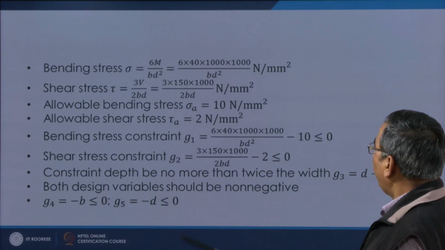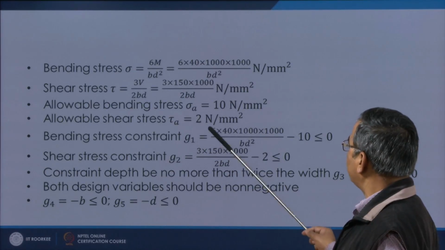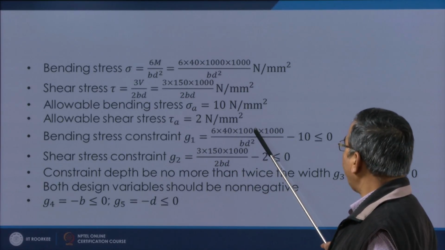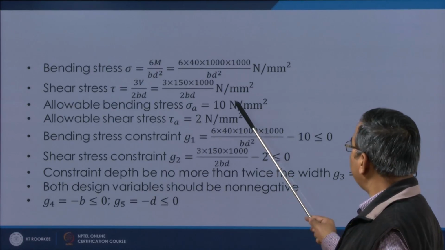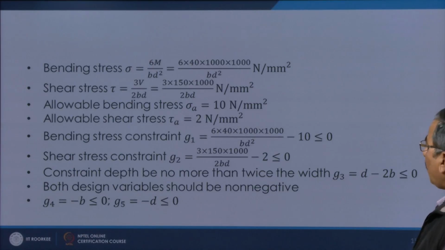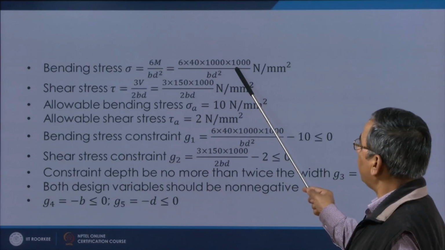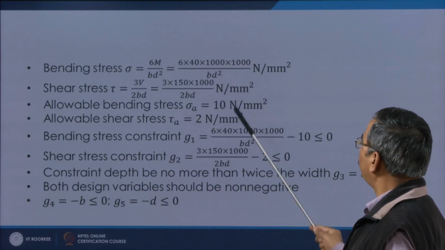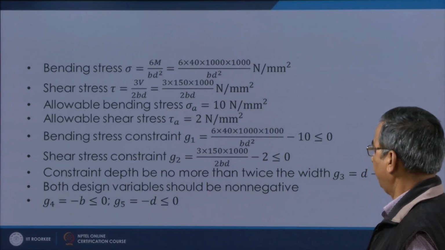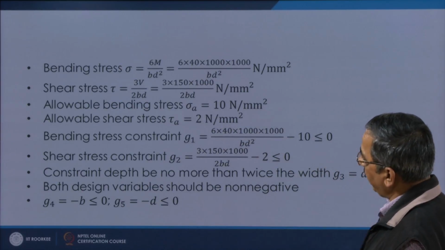Okay. So, what are going to be the constraints? The bending stress constraint is going to be this value minus 10 should be less than or equal to 0. Or whatever bending stresses are being developed, this value should be less than 10. Okay. So, this will give us the bending stress constraint.